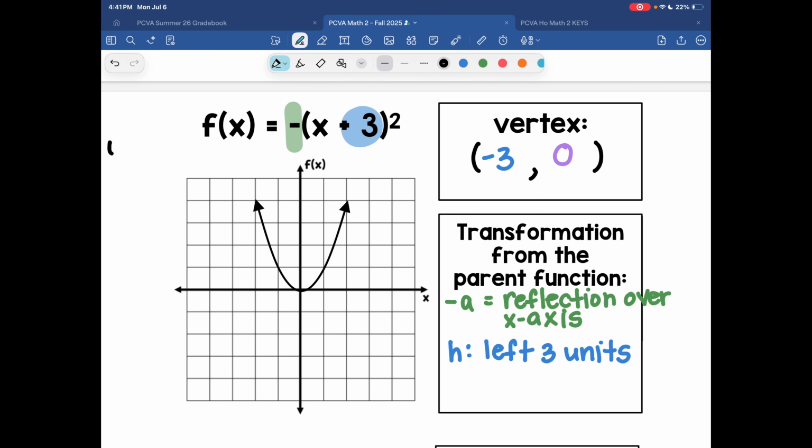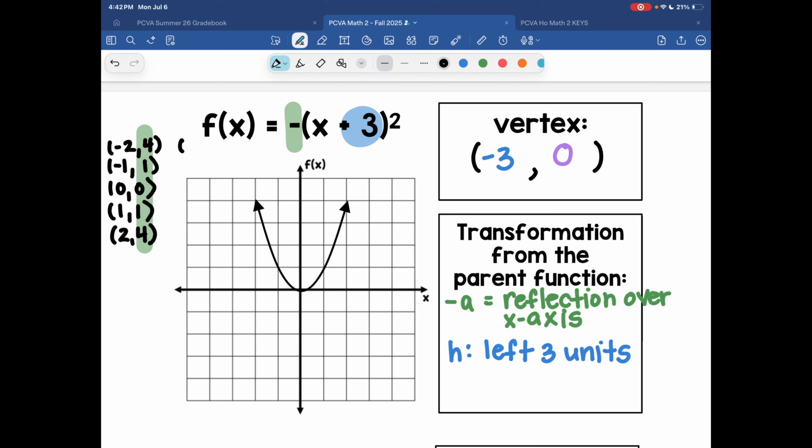So just like before, we had -2 and 4, -1 and 1, 0, 0, 1, 1, and +2 and 4. So we're going to multiply the y values by a negative, and that's going to make it reflect over the x-axis initially.